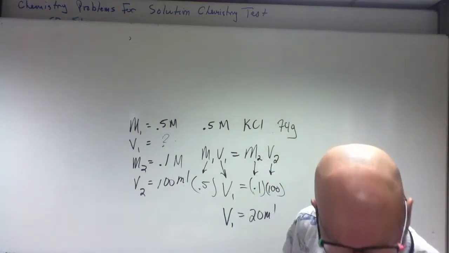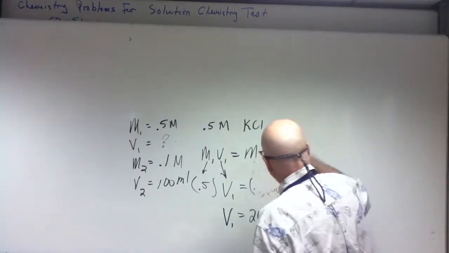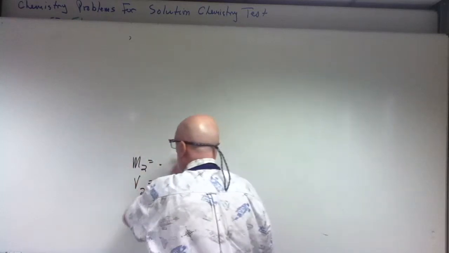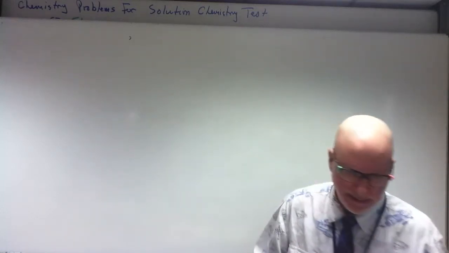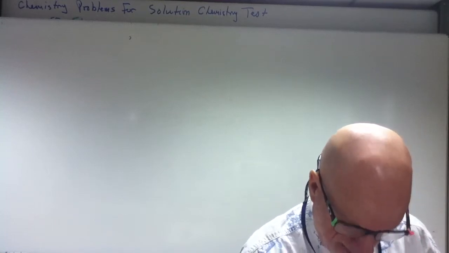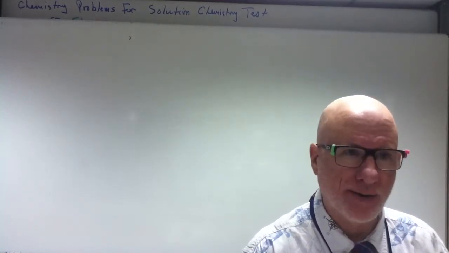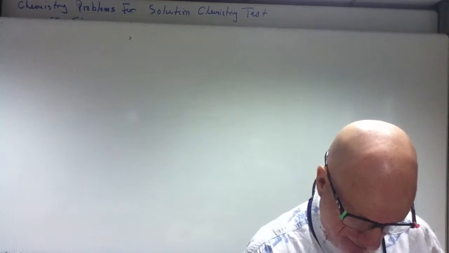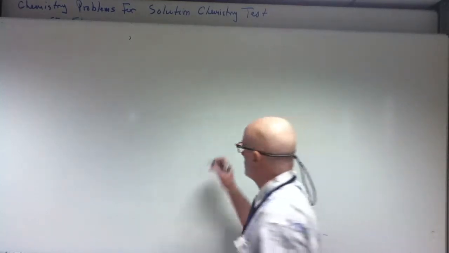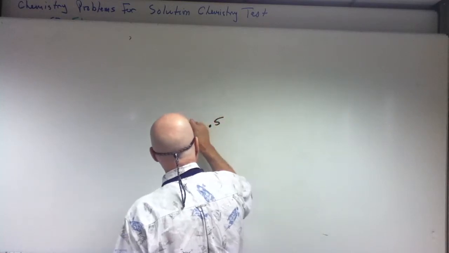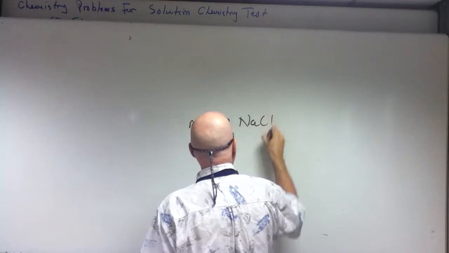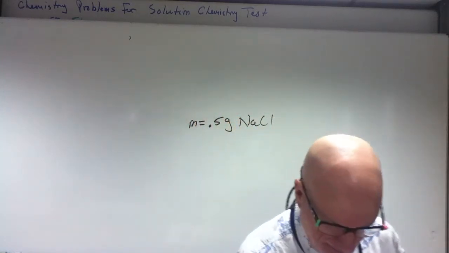Okay. So, what's next? 59. Calculate the molarity. So we're going to do molarity again, of a solution that contains 0.5 grams, mass equals 0.5 grams, sodium chloride, yes?